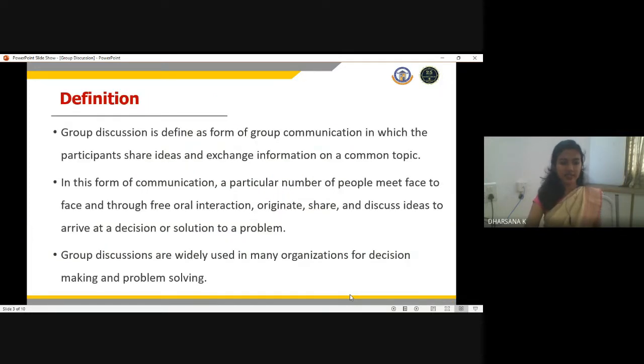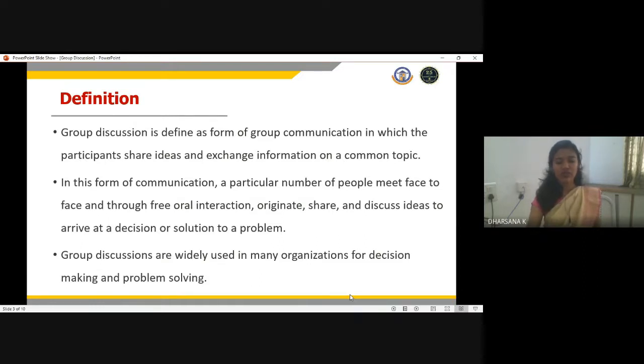Okay, let's discuss. Group discussion is defined as a form of group communication in which the participants share ideas and exchange information on a common topic. In this form of group communication, a particular number of people meet face to face and, through free oral interaction, originate, share, and discuss to arrive at a decision or solution to a problem.